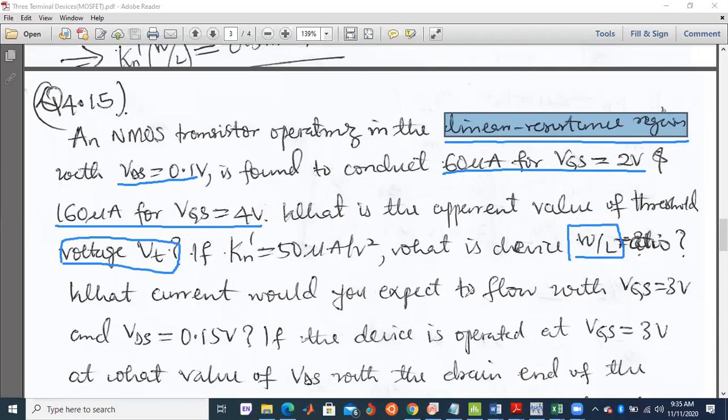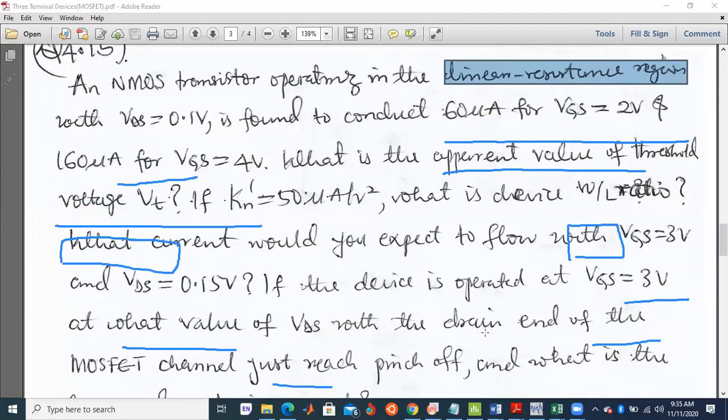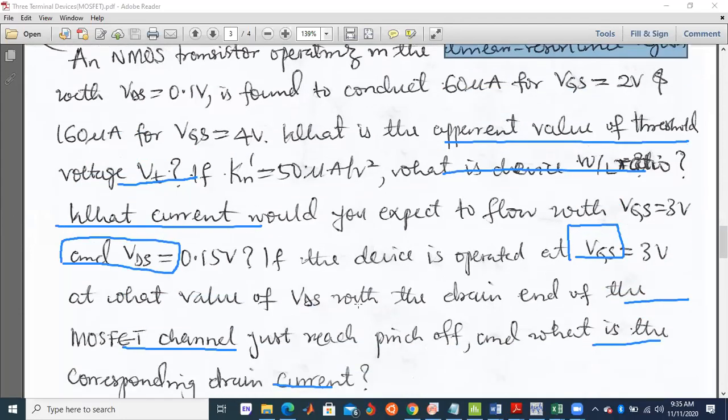Then what current will you expect to flow with VGS equals 3 volts and VDS equal to 0.15 volt? If the device is operated at VGS equals 3, at what value of VDS will the drain end of the MOSFET channel just reach pinch off?